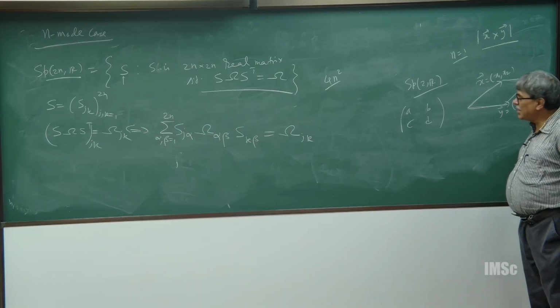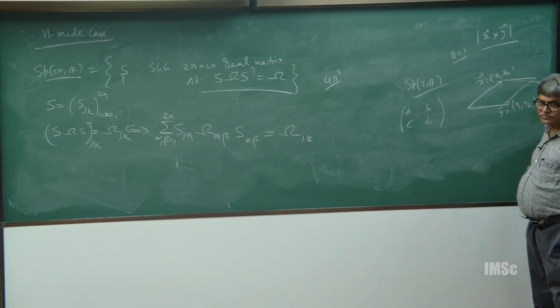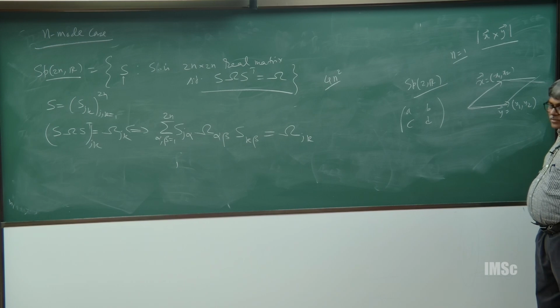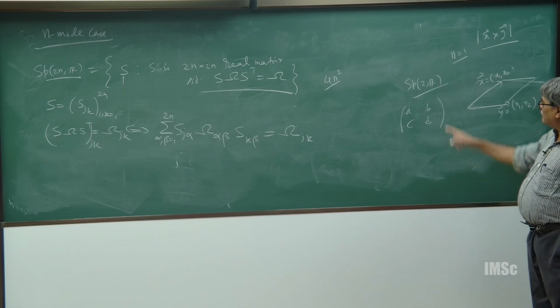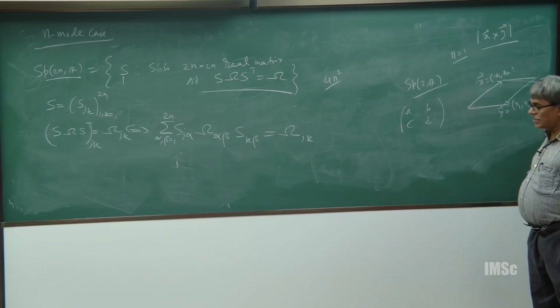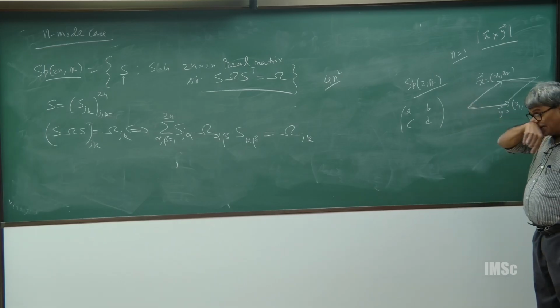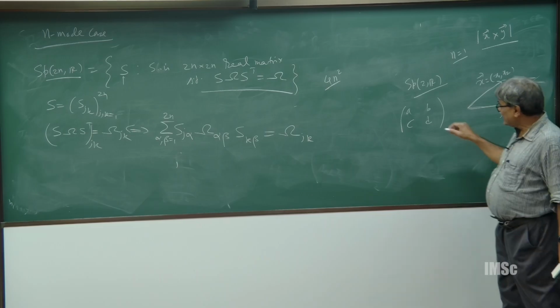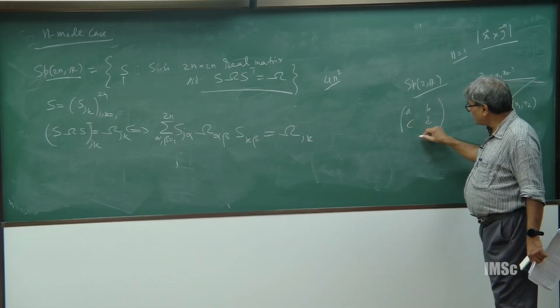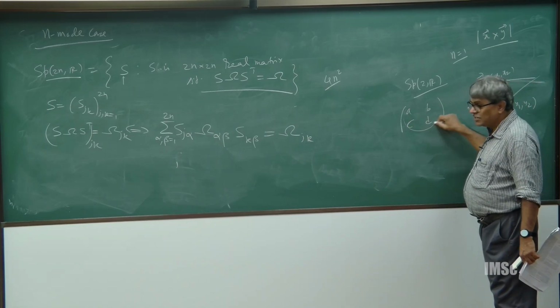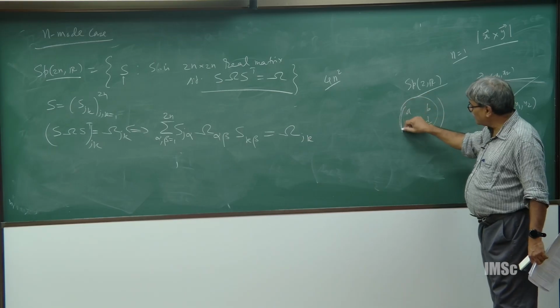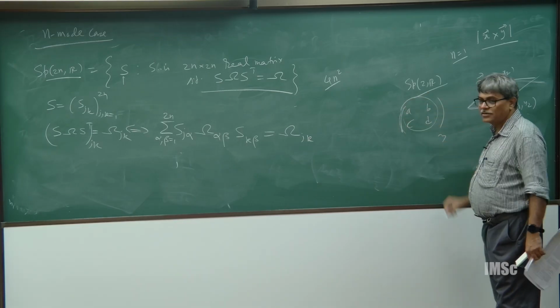So AD minus BC should be equal to 1, because this is Sp, it has to be 1. Therefore, you see that the number of independent real parameters to specify this matrix is 3.